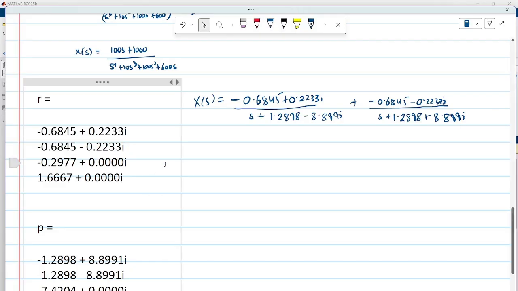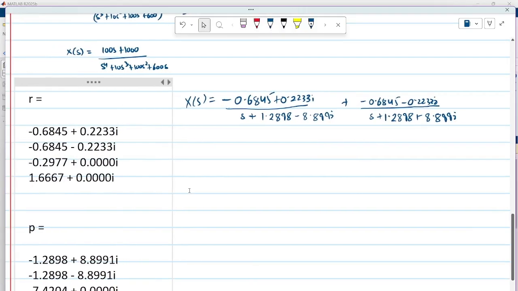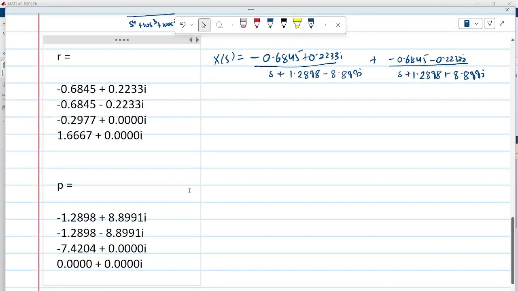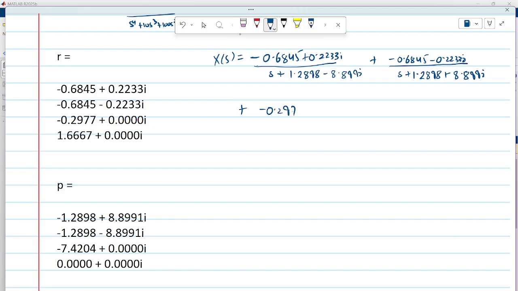The third, because you have four terms in the partial fraction, I'm writing it here. Then plus r3 divided by s minus p3, that is minus 0.2977 plus 0.00i. We don't have any imaginary number here. Divided by s minus p3, so s minus minus plus, that is 7.4204.